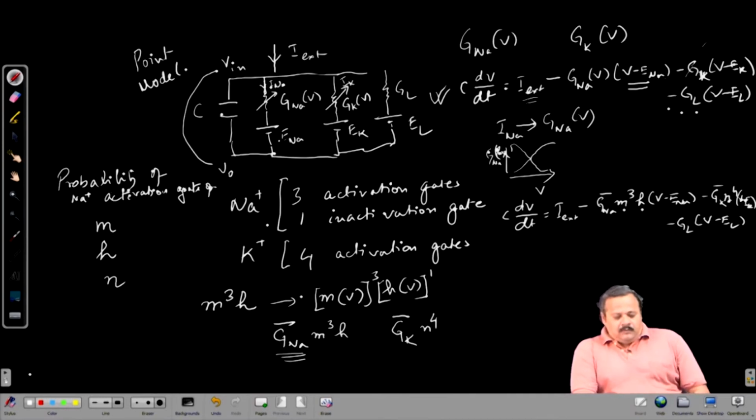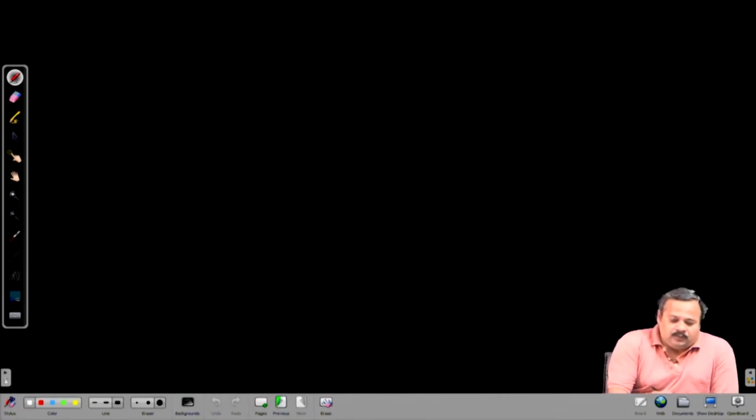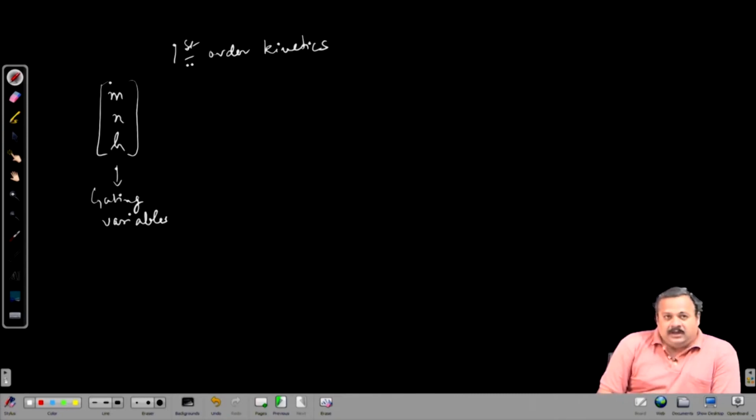So, what Hodgkin and Huxley did, with that equation and assuming first order kinetics of the gates, was to describe each of the gating variables, M, N and H. As we said, they are probabilities, but they are also dynamically changing based on the voltage, since they are functions of voltage.